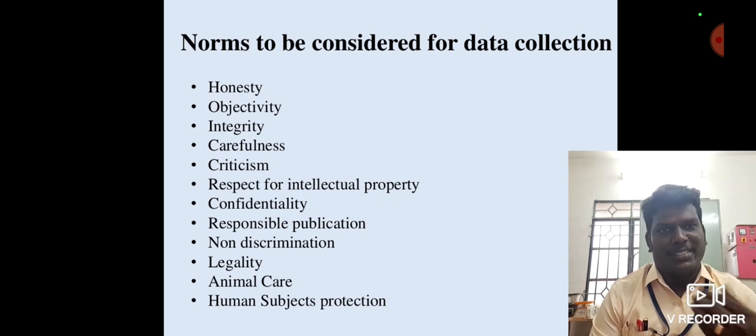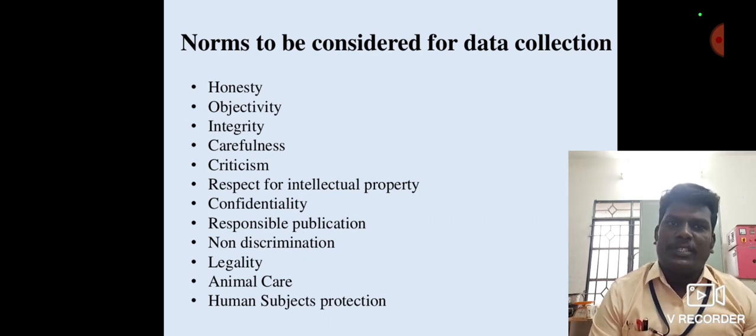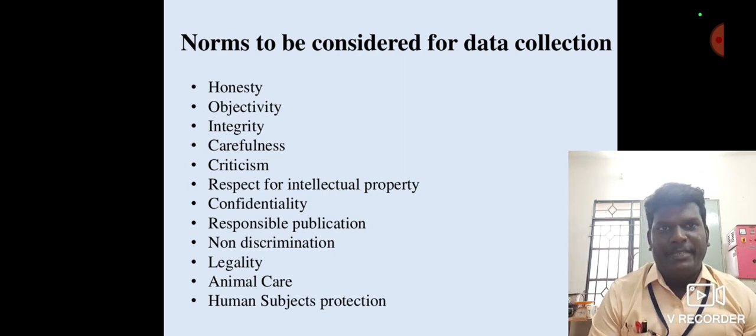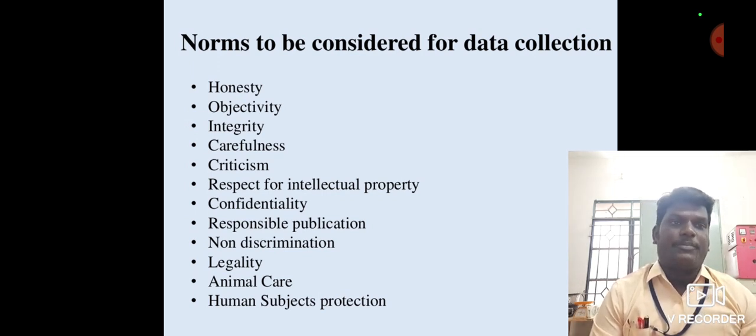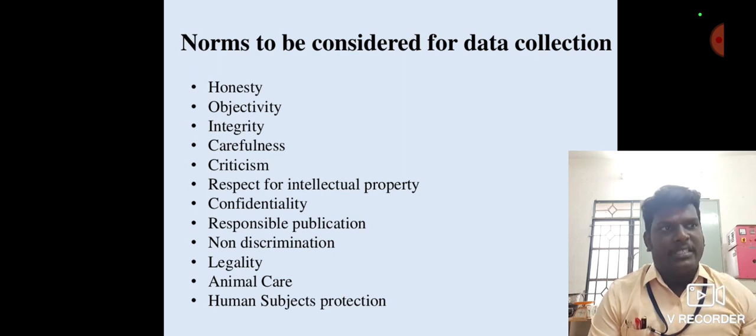The first one is honesty and objectivity. We need to follow honesty, objectivity, integrity, and carefulness, which is very important, and criticism. We need to discuss or debate healthy criticism regarding our research topic.